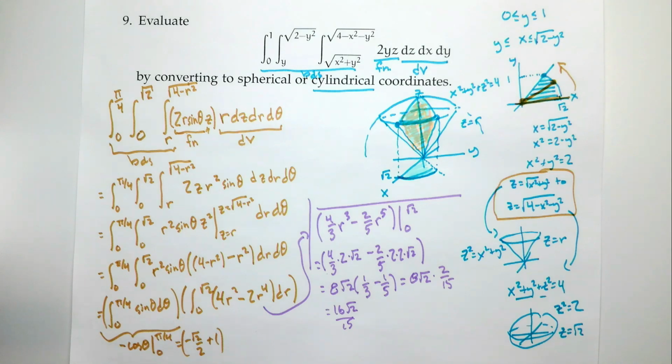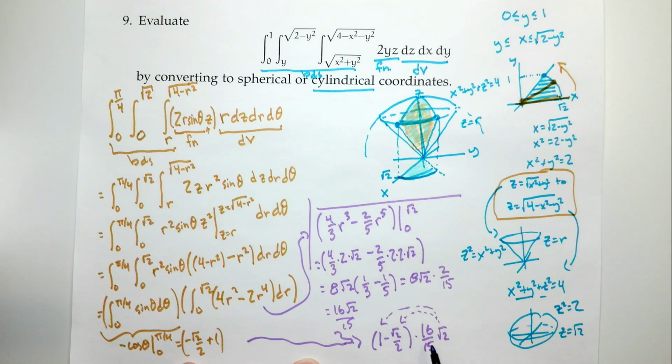Okay. Now, remember, that's going to multiply. That's the second part. So, combining these two together, we're going to end up with minus root 2 over 2 plus 1, which I'm going to write as 1 minus root 2 over 2, times 16/15 root 2. Now the last thing I want to do here is multiply this root 2 on the inside.